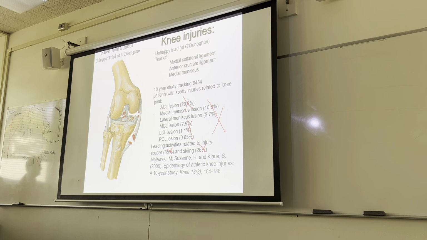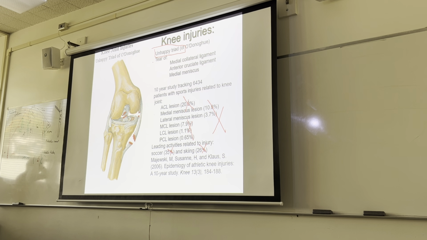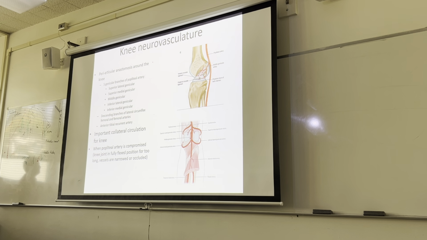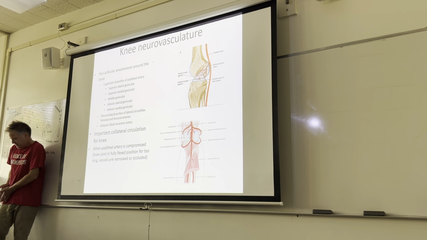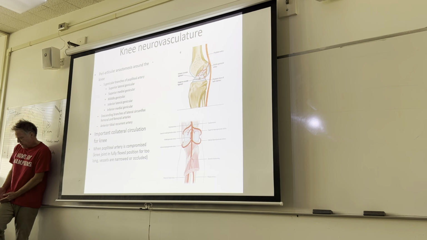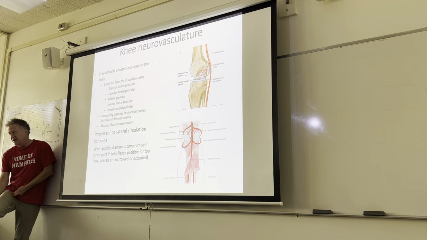That's called the unhappy triad or terrible triad. And again, it's often a twisting, excessive rotation of movement kind of precipitating injury.